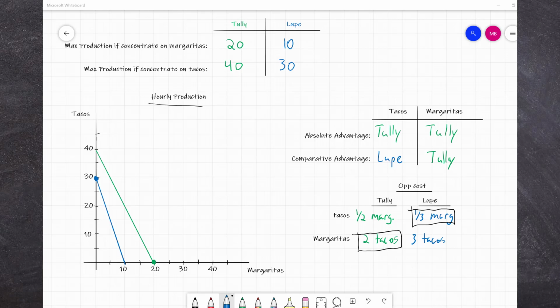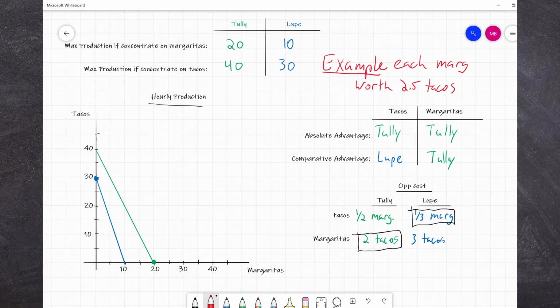Let's give an example of one possible terms of trade. Let's say each margarita is worth 2.5 tacos, so right in between their two opportunity costs of a margarita.